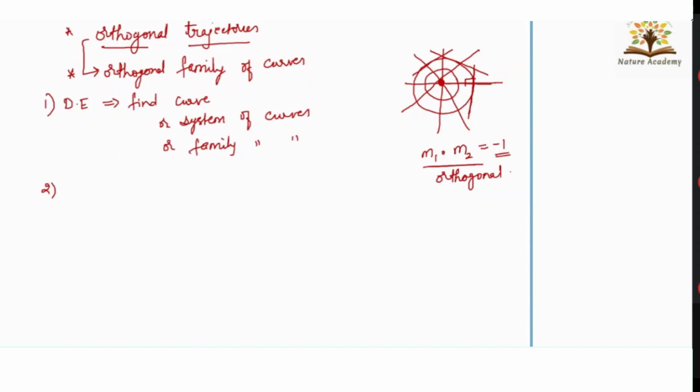See, for example, if I have two families here, one is the circle family, and the other one is the straight line family. They will give you the equation for this, and ask which family is orthogonal to this. So you have to find the orthogonal family, or the orthogonal trajectory. Either of these two types of questions they are asking.